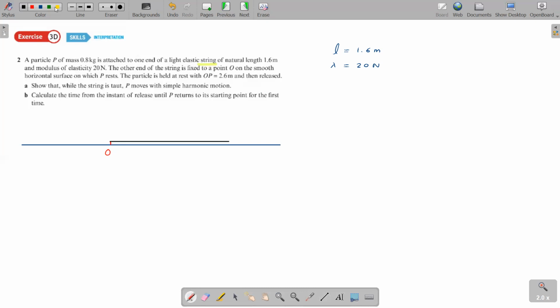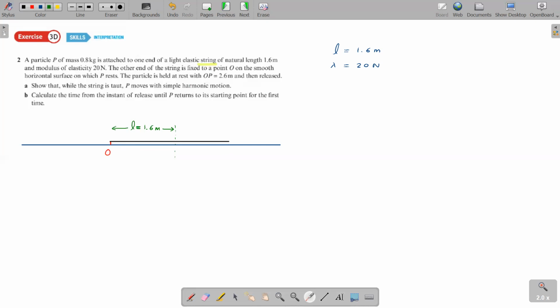The natural length of the string is 1.6 meters. And then the other end of the string is fixed to point O, on the smooth horizontal surface on which P rests. The particle is held at rest with OP 2.6.